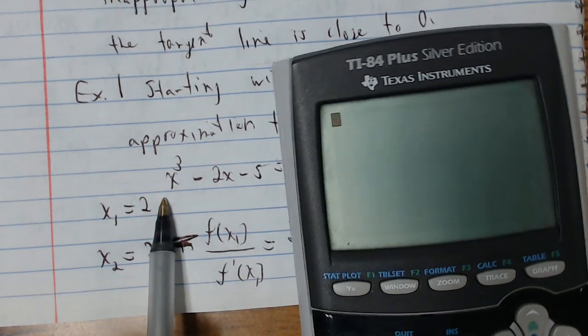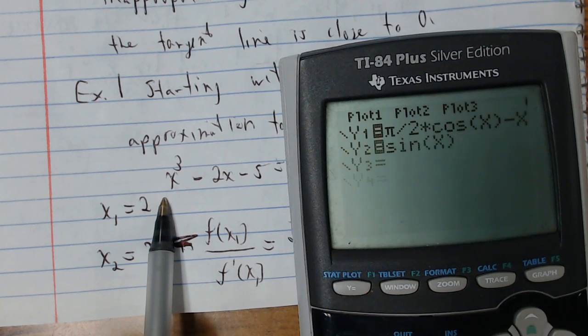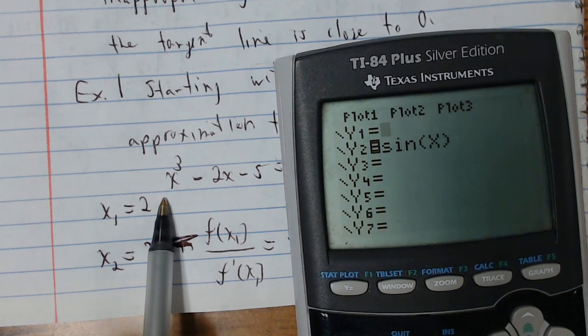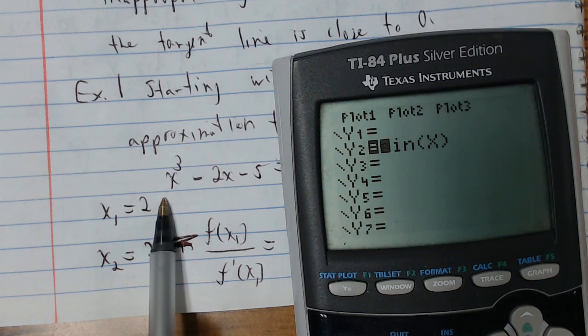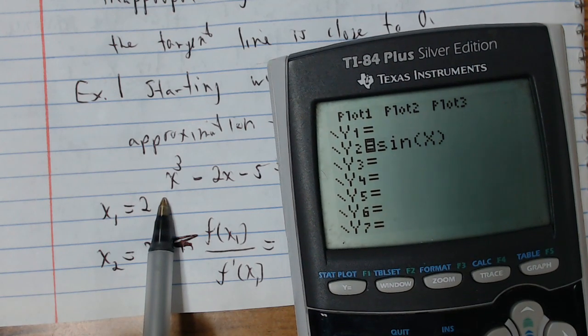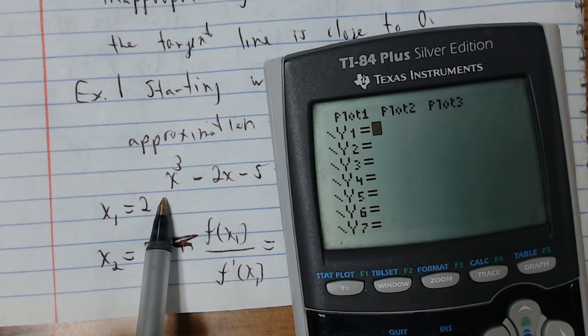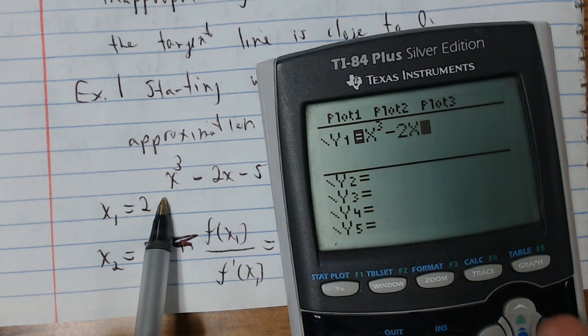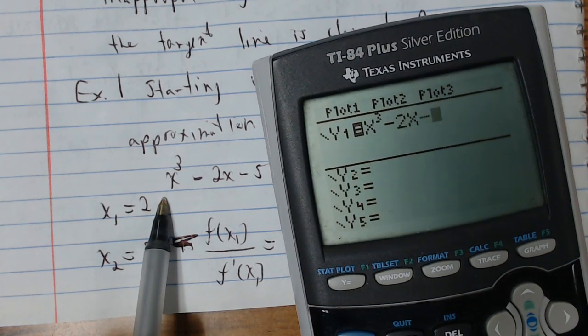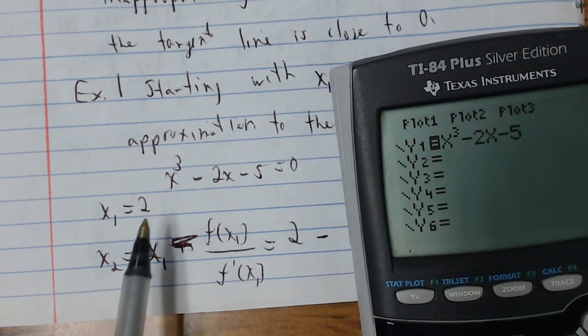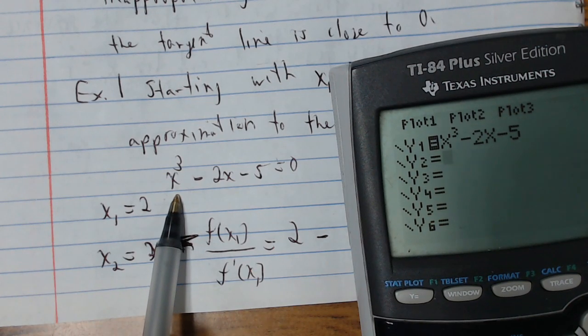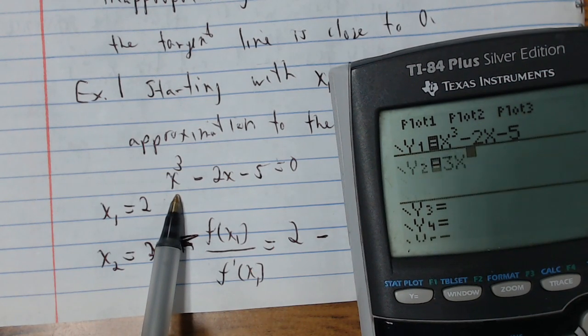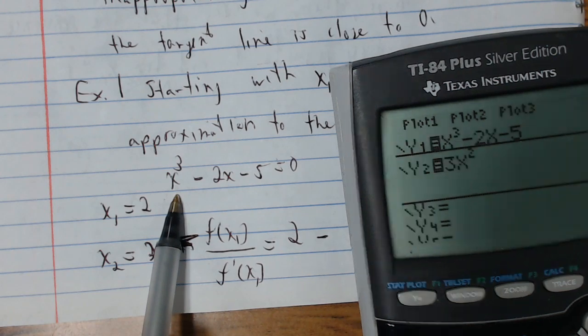So I'm just going to use my calculator to do that. Let me get rid of this as well. I'm going to put the function and its derivative here, so I can use a table to easily figure these out. The derivative would be 3x squared minus 2.